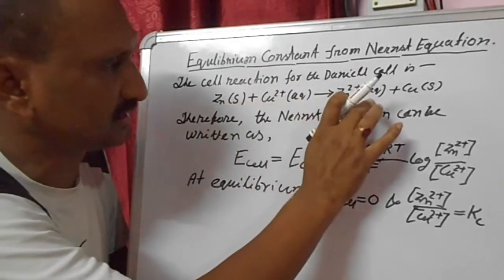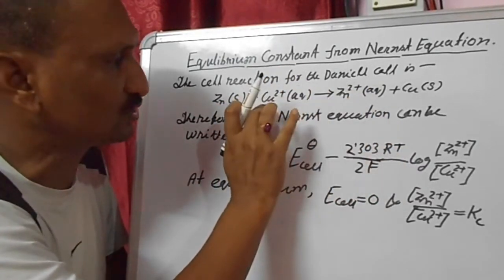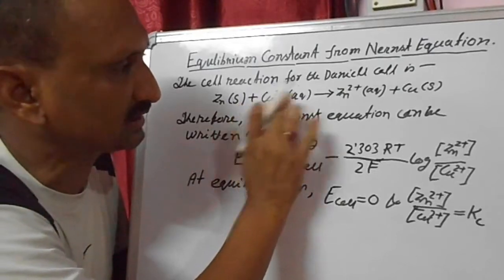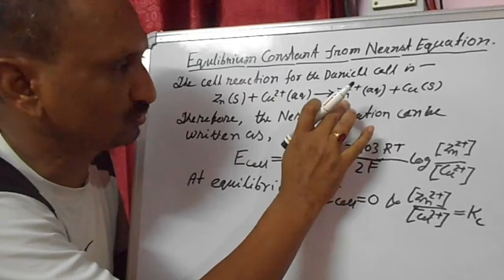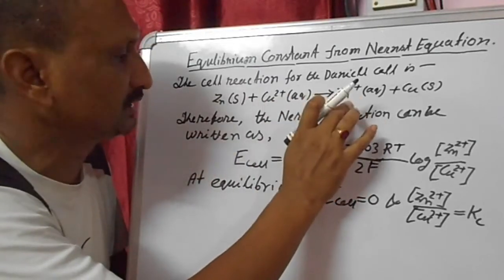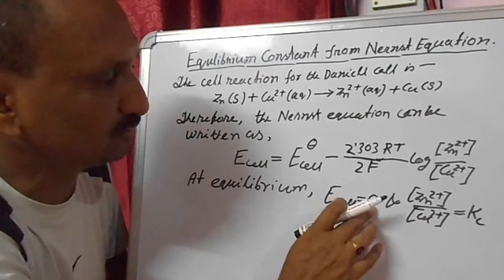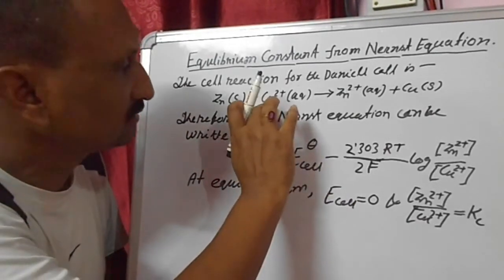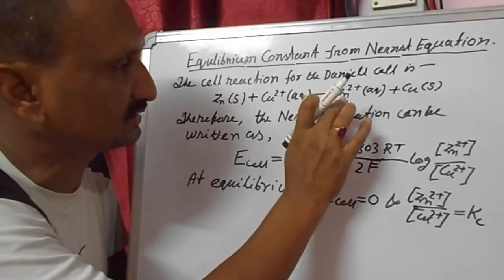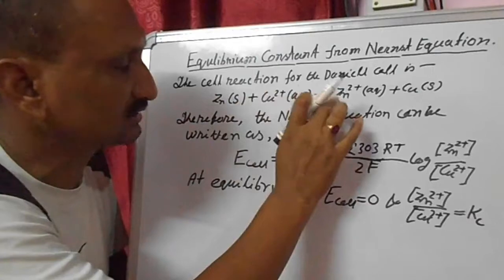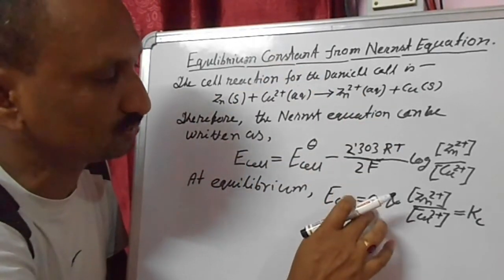But as time passes, it will attain equilibrium. When it attains equilibrium, there will be no change in the concentration of copper 2 plus ion and zinc 2 plus ion; they remain constant. Then definitely E cell will be equal to 0. The cell potential will be 0 whenever it attains equilibrium.